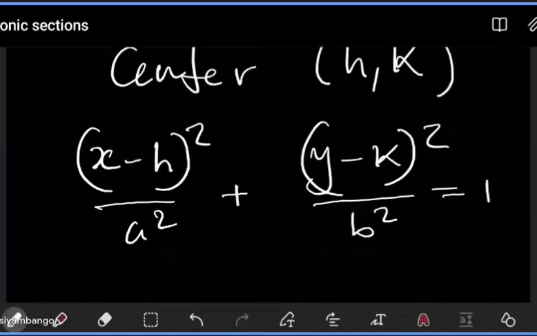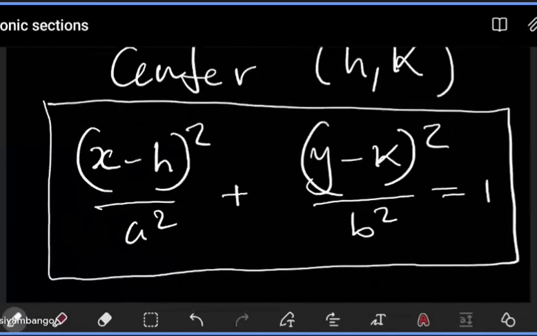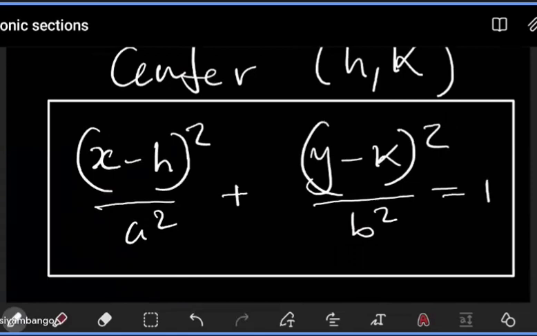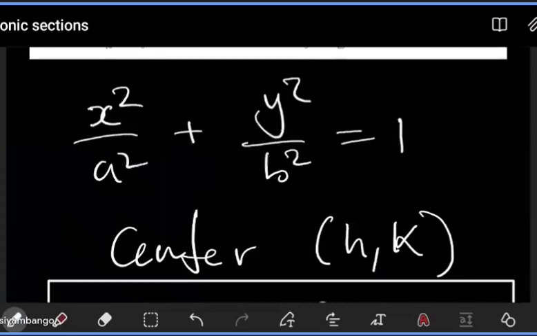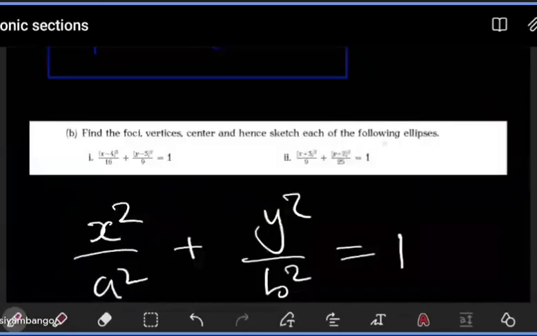So such an ellipse would have this as the general formula. Now what we want to see is, how do you sketch it if you're given the general formula? Let's use part 1 as an example, then you guys will try out part 2 for your practice.